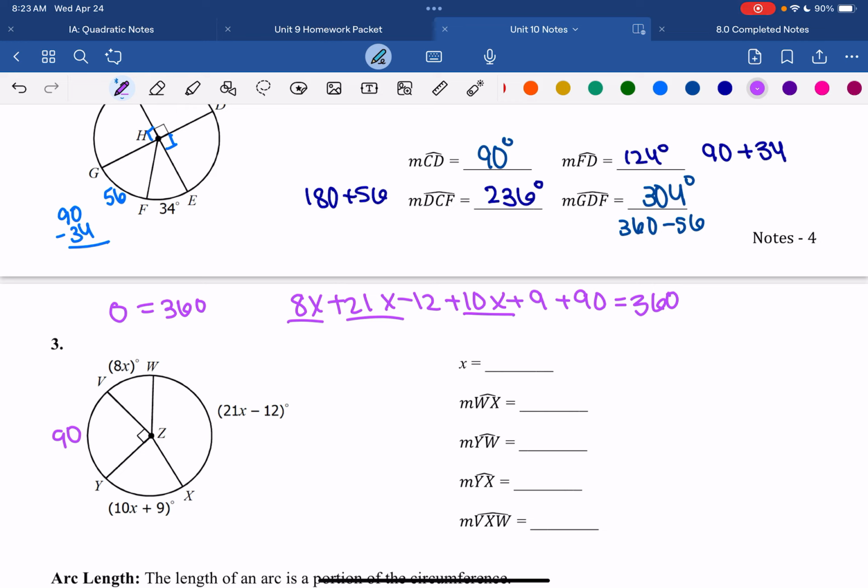Let's add all of our x's. And then we have a 90 plus 9 minus 12. So all that combines to 87. Minus 87.